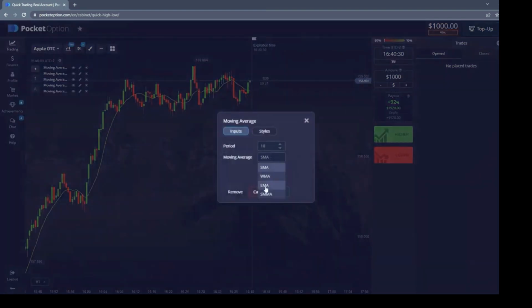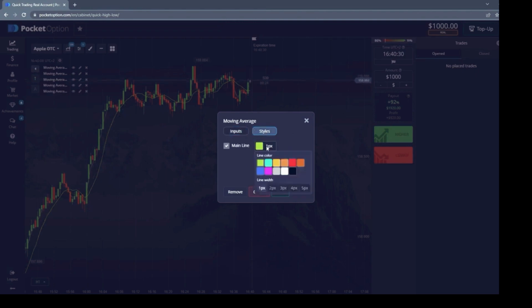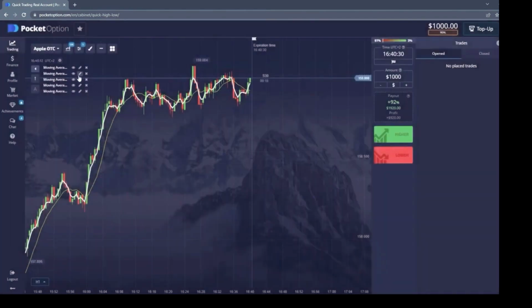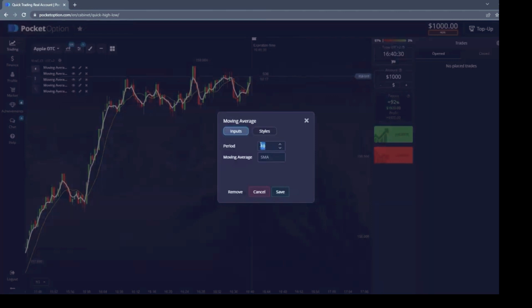All should be set to EMA type. I set the period of the first one to 3 and choose some bright color. Second has a period of 8 with a different color.